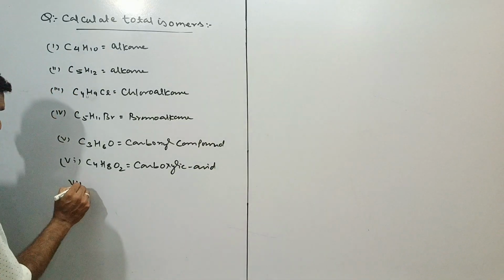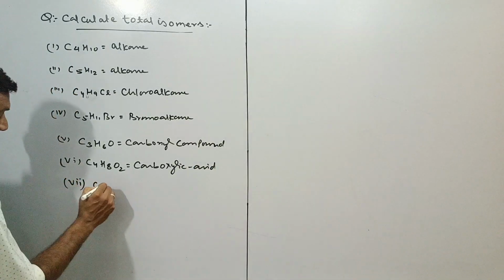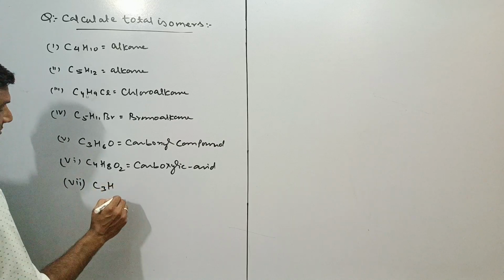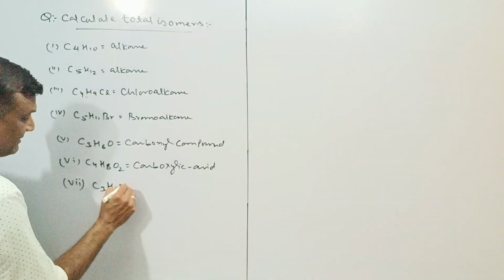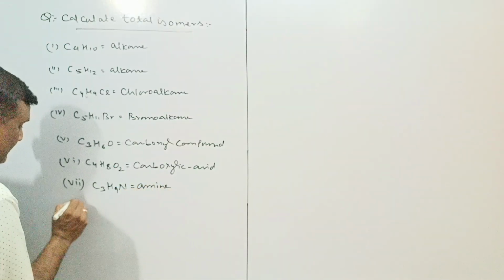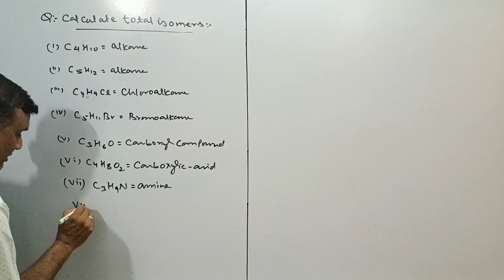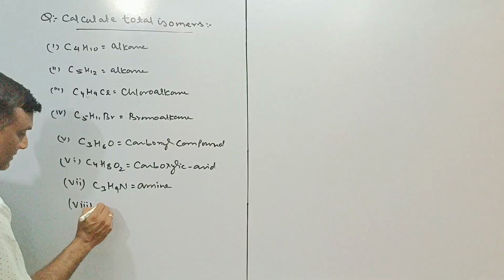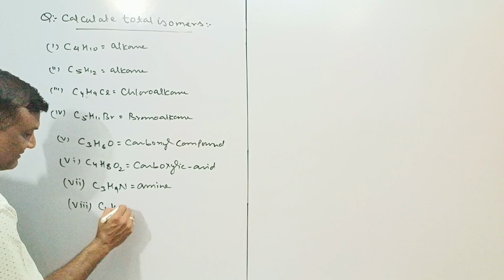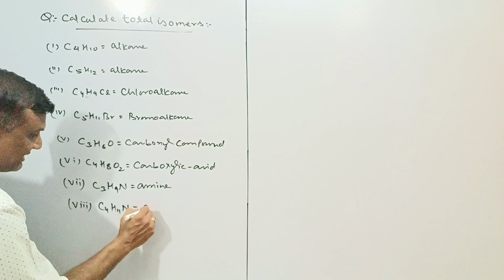The seventh compound is C3H9N, when it is an amine. We'll take another question regarding amine also, that is C4H11N, again an amine.